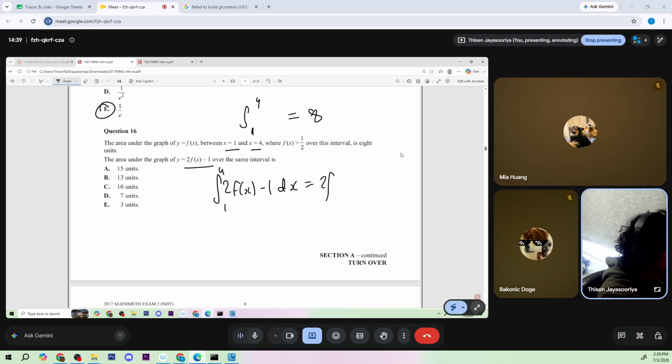That's just the same as 2 times the integral from 1 to 4 of f of x dx, take away the integral from 1 to 4 of 1 dx. This is just going to be 16 take away 3, which is just 13. Yeah? Because the integral from 1 to 4 of 1 dx is just going to be 3.